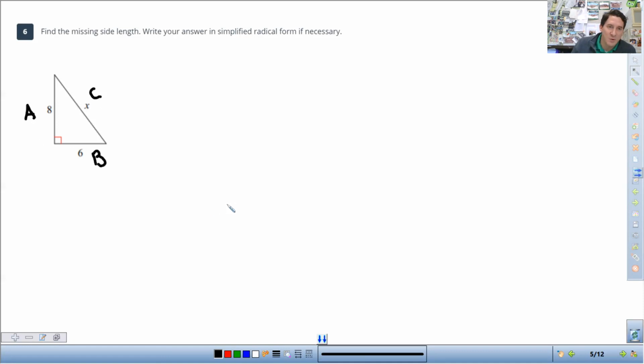Doesn't matter which one you put as which. All right, so the Pythagorean theorem helps to write it out. A squared plus B squared is equal to C squared. Fill in the values here. So A is 8. B is 6. And C is what we're trying to find. So I'm going to put in x squared there.